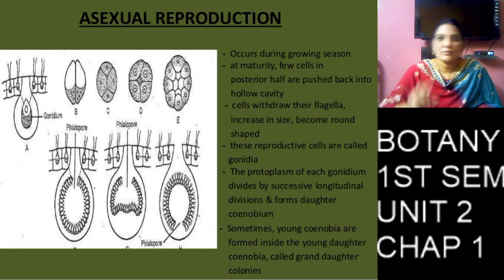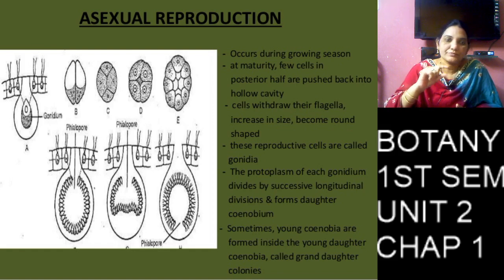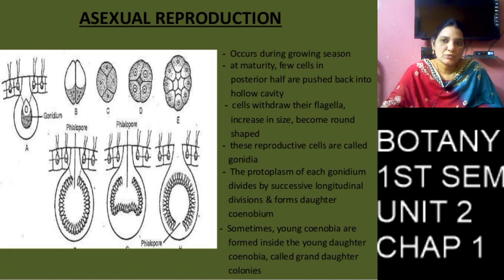The one cell that loses its flagella and turns into a very big size is called the gonidium. This gonidium undergoes divisions: 1 cell to 2 cells, 2 cells to 4, 4 to 8 cells.